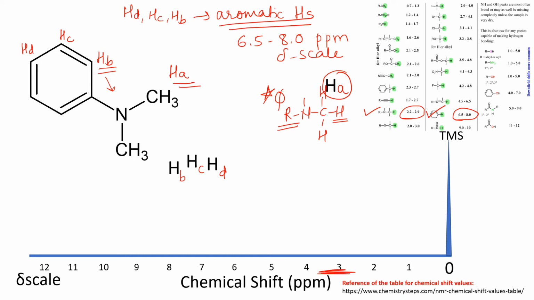Now let us see the multiplicity. So multiplicity for HA: see, all these carbons have one hydrogen on them, right?